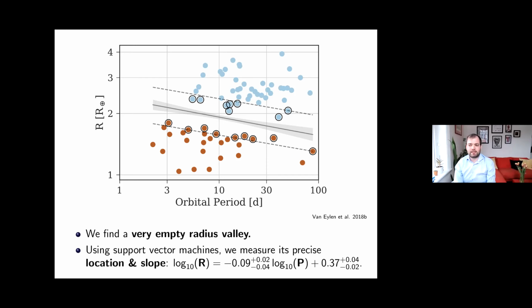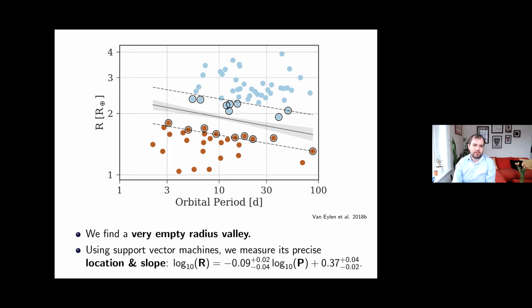Now, all of that said, there are some alternative theories that have been put forward to understand the radius valley that might have to do with the internal heat of your planet and how that would come into what you're seeing, with different stellar types having a different dependence. It's very likely, for example, that here you're seeing essentially the same type of stars. If you take different types of stars, you'd probably at the very least relocate your valley a little bit, and that would smear things out somewhat.